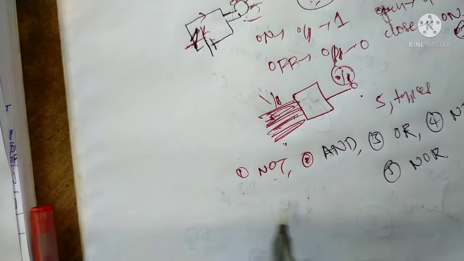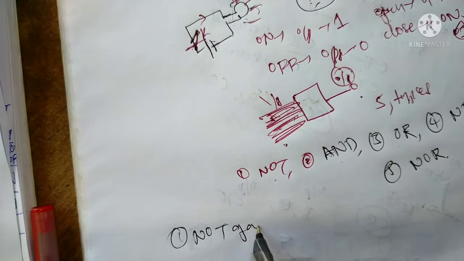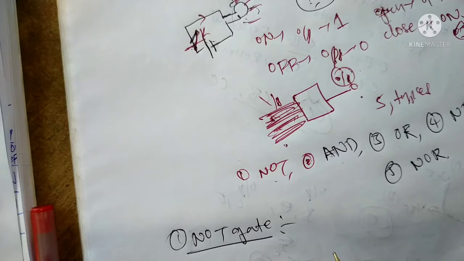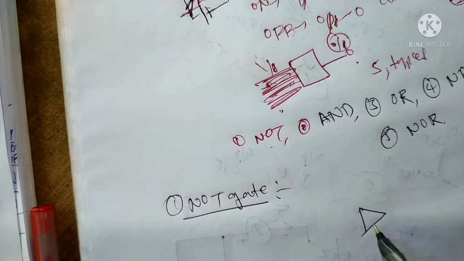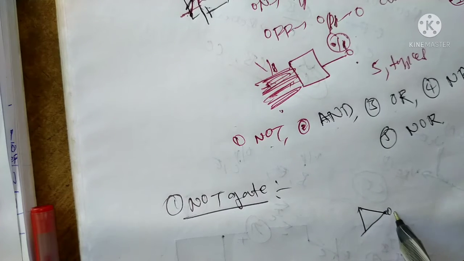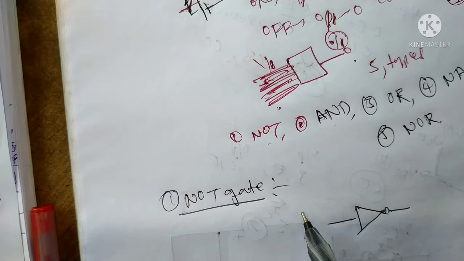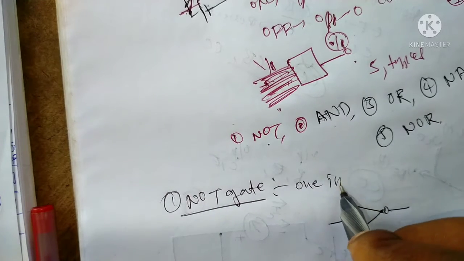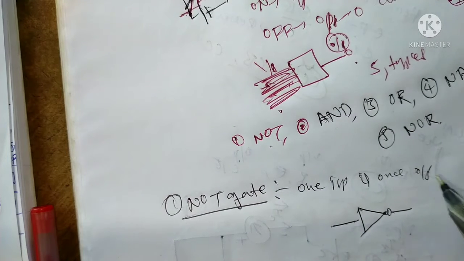Now we discuss the first gate, the NOT gate. What is the NOT gate? The NOT gate is nothing but a gate with only one input and one output.